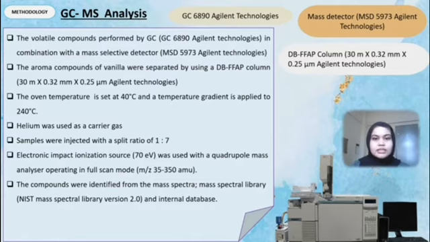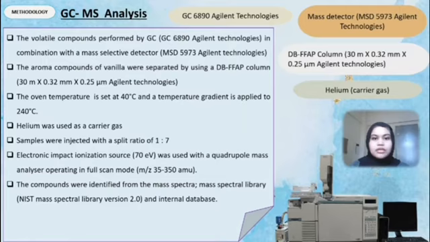The analysis conditions were optimized internally to have the best resolution on most of the key molecules. The oven temperature is set at 40 degrees Celsius and the temperature gradient is applied to 240 degrees Celsius. Next, helium was used as a carrier gas and samples were injected with a split ratio of 1:7.